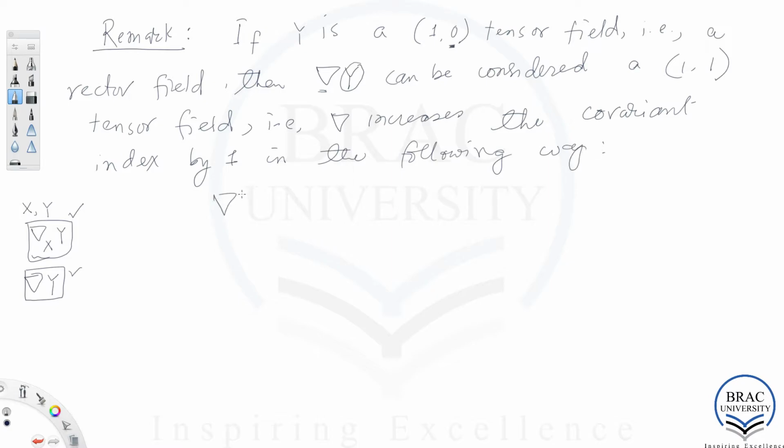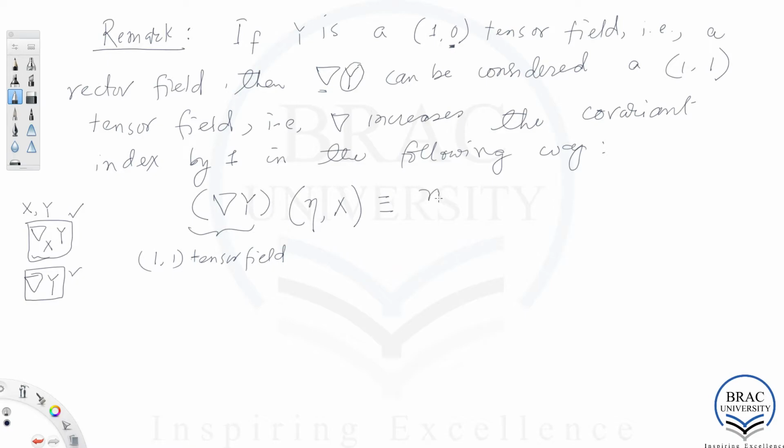So nabla y, according to what we have discussed so far, is supposed to be a 1,1 tensor field, right? And if it's a 1,1 tensor field, then according to the definition of a tensor field, if it acts on a one form and a vector field, it's going to spit out a scalar function. How is this defined? We have to construct it out of the data we have on the left hand side.